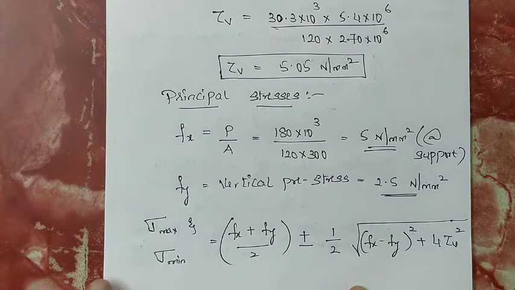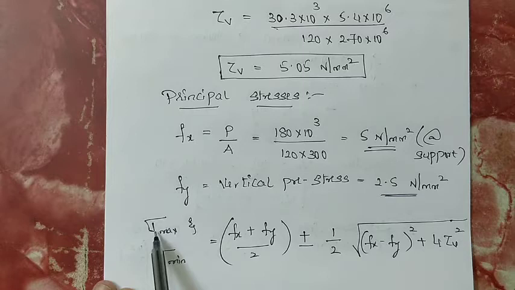Okay, in order to decide the nature of principal stresses, you need to calculate sigma max and sigma minimum. This is the equation. When it will be maximum, if you consider the positive value, the principal stresses will be maximum. If you consider negative sign in this equation, that will be your sigma minimum.